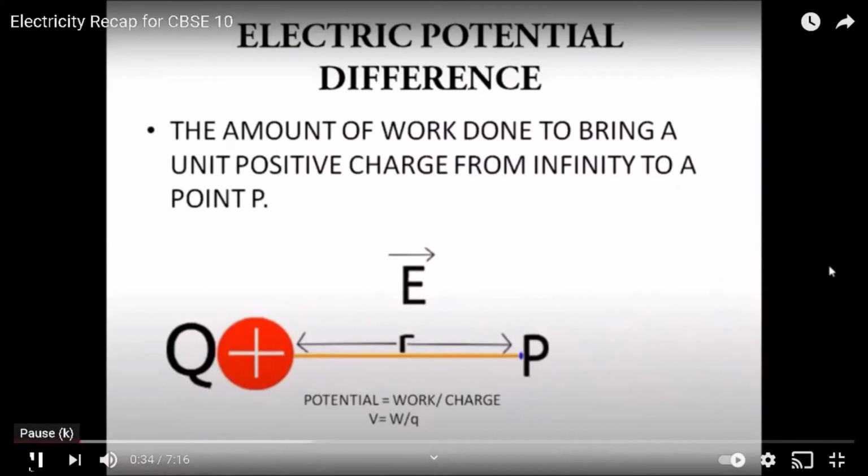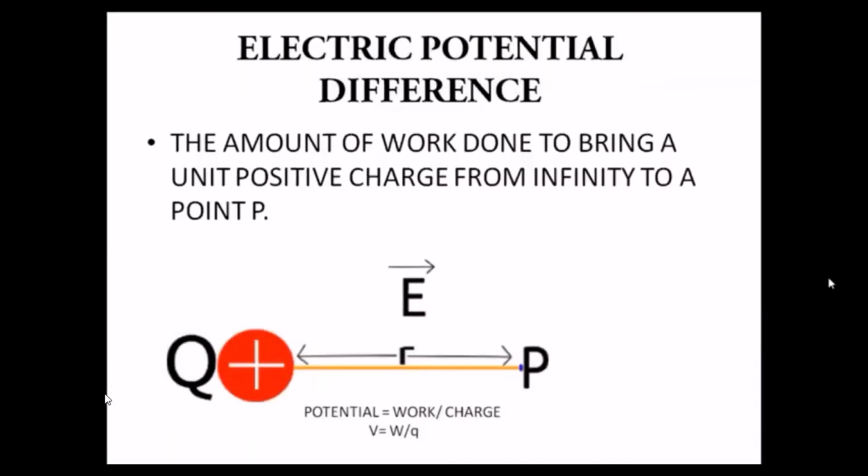We want to bring it up to point P in the vicinity of a source charge Q. As we bring the charge closer, repulsion happens, and if we continue bringing the +1 coulomb charge closer, work has to be done. This work done per unit charge is termed potential.